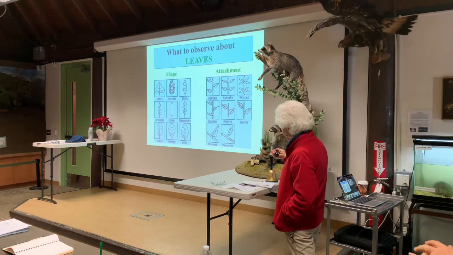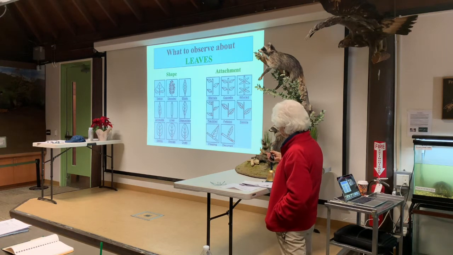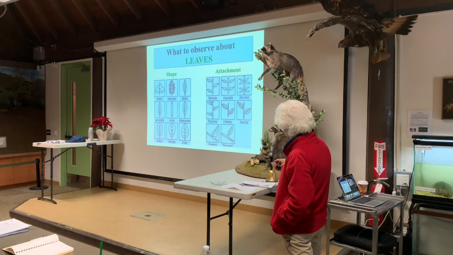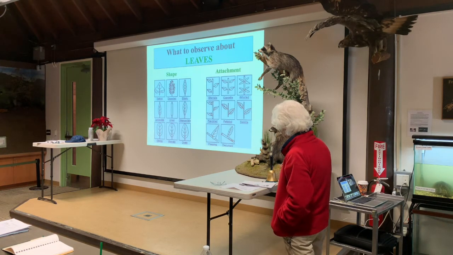Okay, since we are short of time, I'm skipping that. We often ask, is the leaf opposite or alternate? Do they attach on the stem in the same place, or in different, alternate places? That is often the most important.